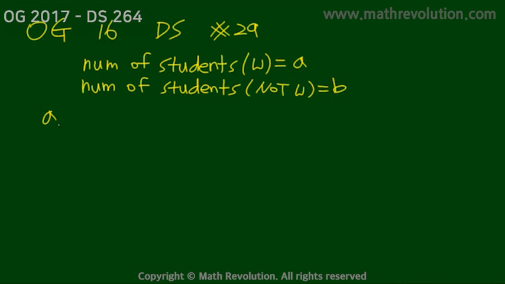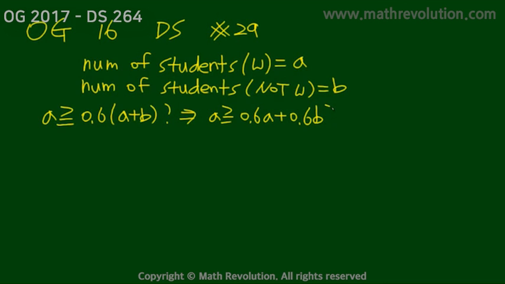And the question becomes: is A greater or equal to 0.6 times (A plus B)? And this can be written as A greater or equal to 0.6A plus 0.6B. And this can be written as 0.4A greater or equal to 0.6B.